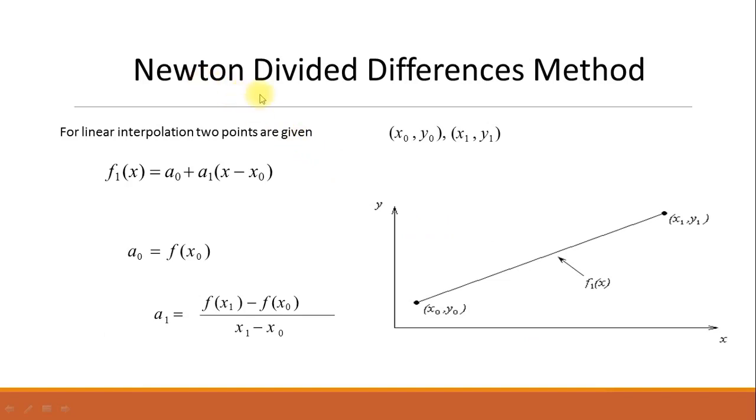Now, Newton divided difference method for given 2 points. For the given 2 points, Newton divided difference formula will be P1 of x is equal to a naught plus a1 into x minus x naught, where a naught is equal to f of x naught and a1 is equal to f of x1 minus f of x naught divided by x1 minus x naught, or a1 is equal to y1 minus y naught divided by x1 minus x naught.